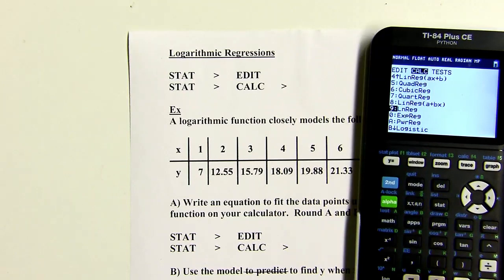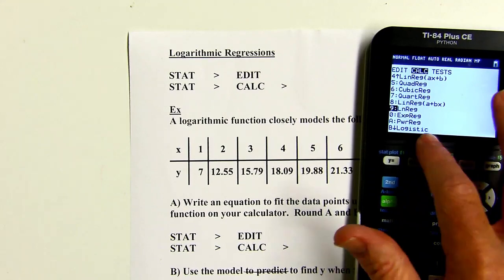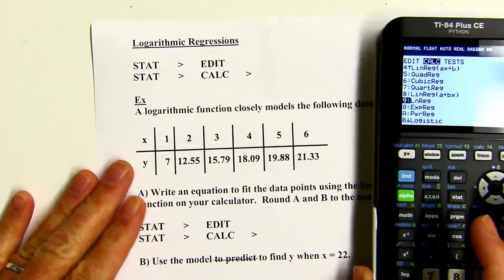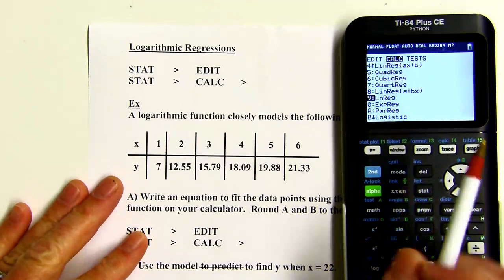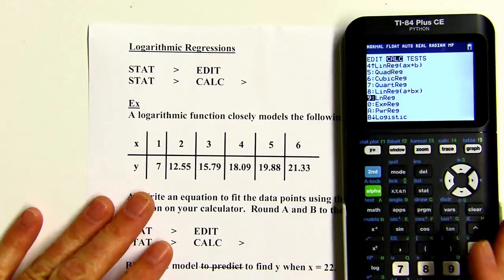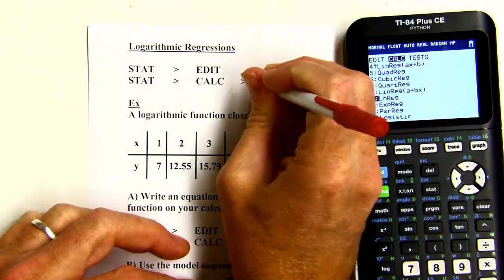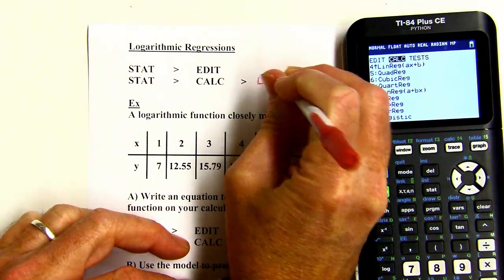The natural log button is ln, right? And that's what we write ln for a natural log. So it's going to look a little strange as when you do the logistic regression. It's not actually going to look like a logarithmic equation. So yeah, I'm actually going to use a natural log regression. Okay. So yeah, I'm going to be using ln reg.